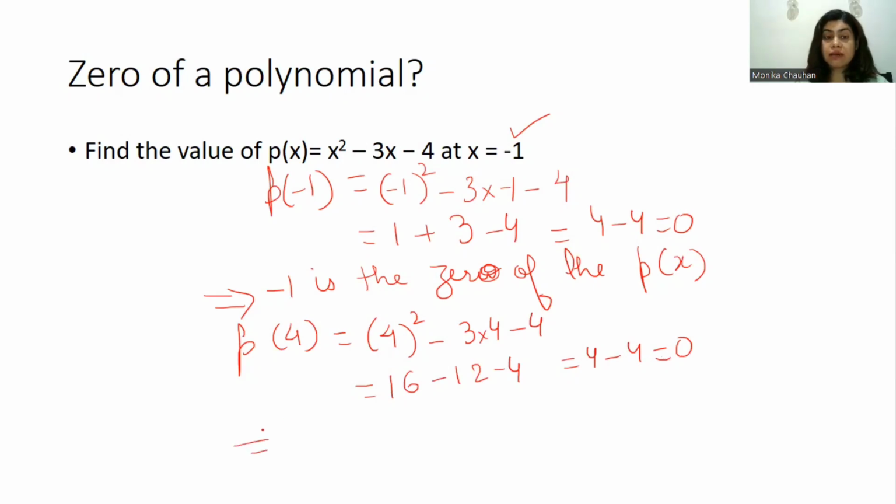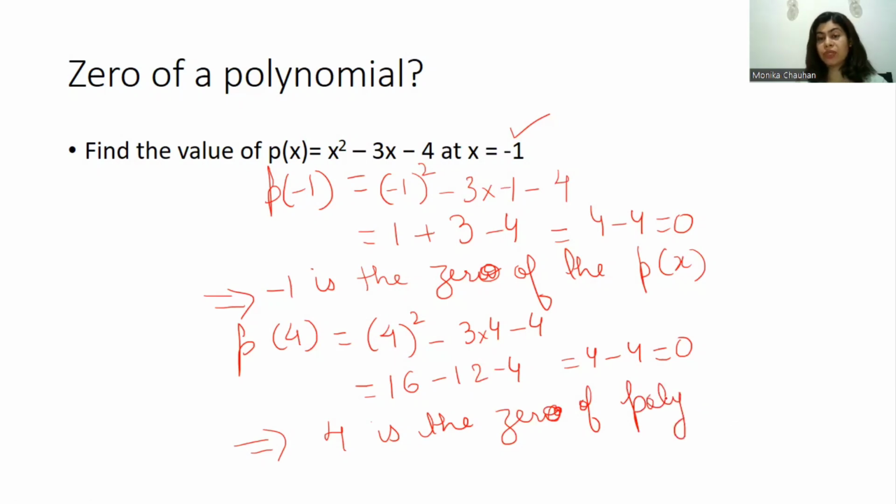This implies that 4 is also the 0 of the polynomial, which we have put right now. So understand, when you put the value of the variable, whatever is given, and after solving you get 0, then that value which you have put is the 0 of the polynomial.